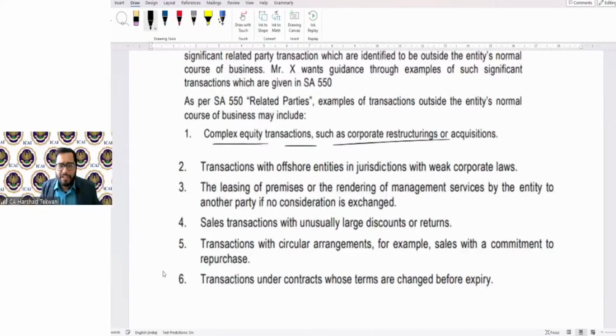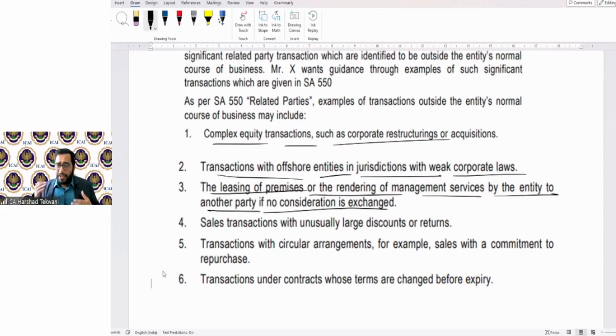So if you go and see the examples, what can they be? Complex equity transactions such as corporate restructuring, these are not normal course of business. Transactions with offshore entities in jurisdictions with weak corporate laws. Leasing of premises or rendering management service by the entity to another party if no consideration is exchanged, because in kind, I give you service, you give me service. Sale transaction with unusually large discount or returns.